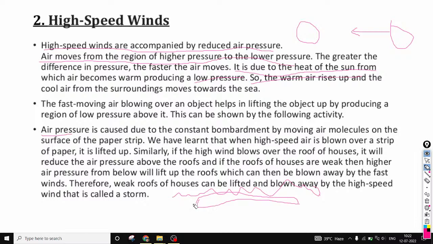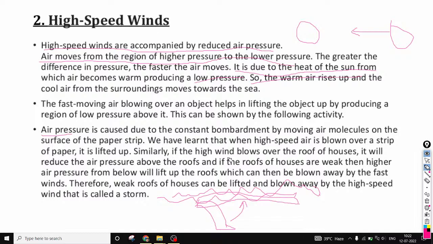The air will be moving very fast, so the paper will also move and be uplifted. When you are not blowing any air, the paper stays in the bottom side, but when you blow air in this direction, the paper is uplifted. Similarly, this phenomenon takes place in our environment due to high speed wind.